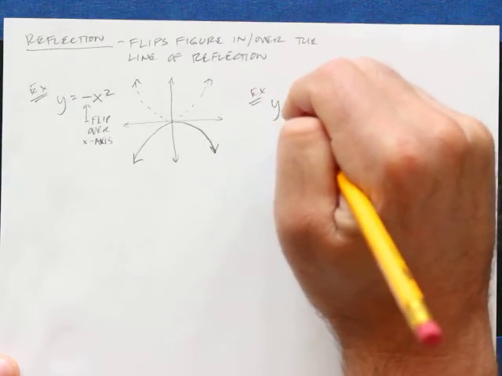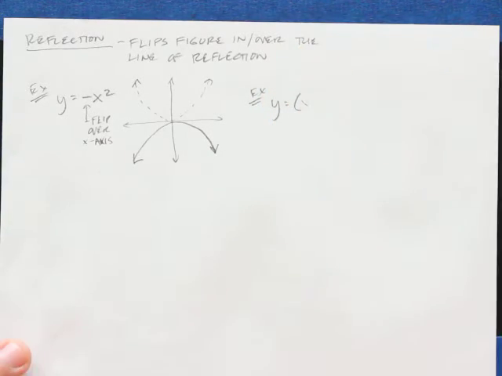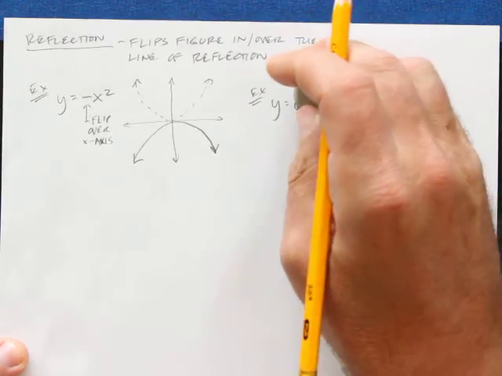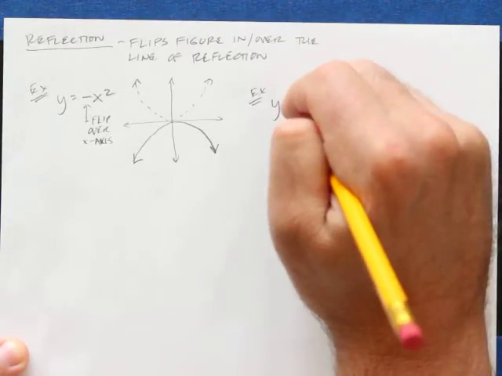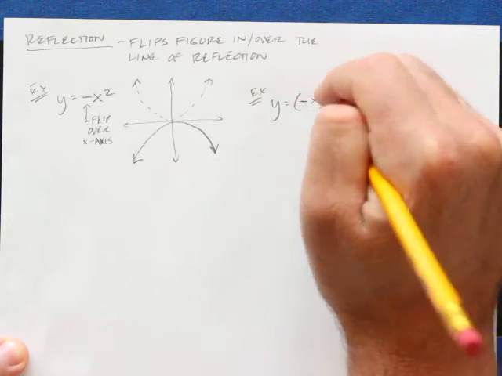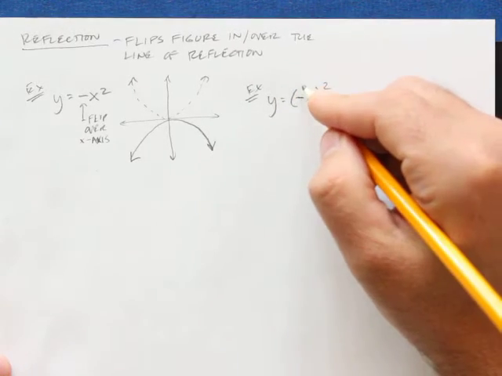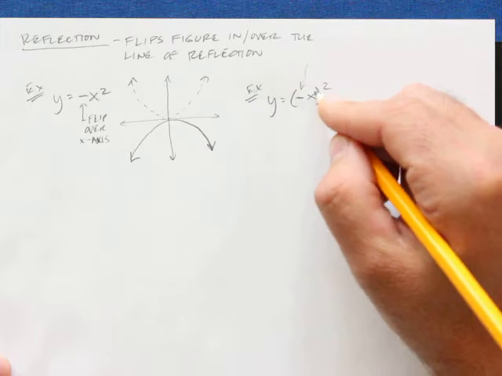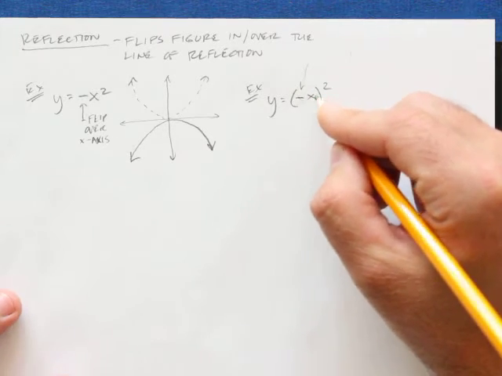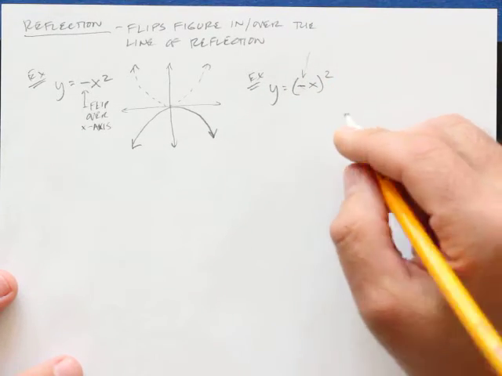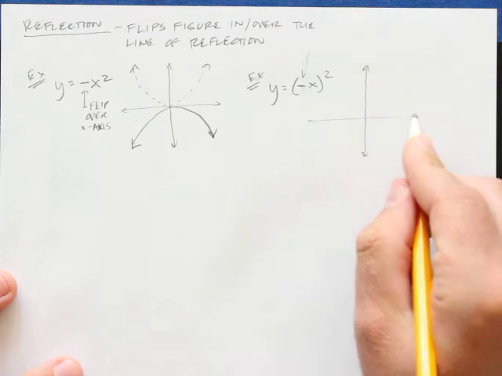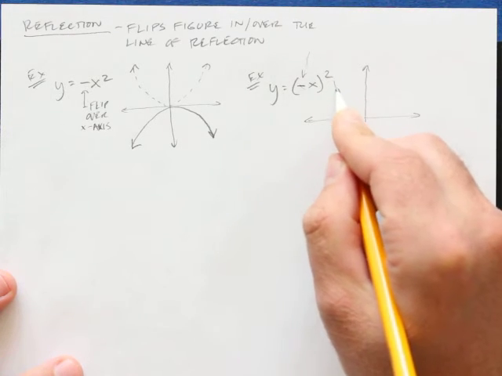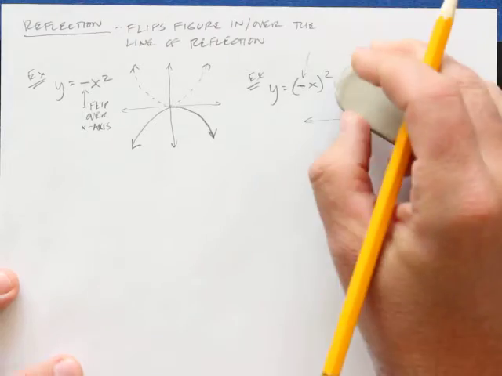Let's do another example. y equals negative x inside the parentheses, squared. So now I've got the negative inside, going on with whatever's happening to the x. So I'm going to have my parent graph. Oops, should be dotted.